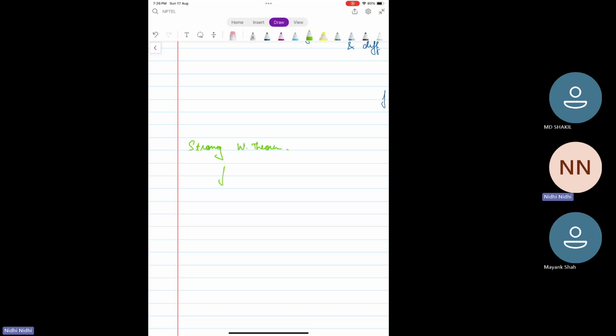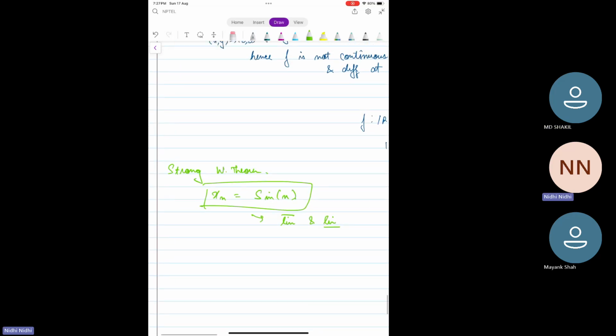We have the sequence x n equals sine n. For this sequence, you need to find the limit inferior and limit superior. Okay, I'll do that in the next class.